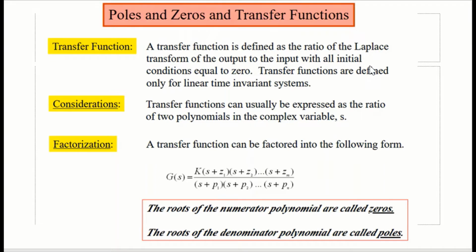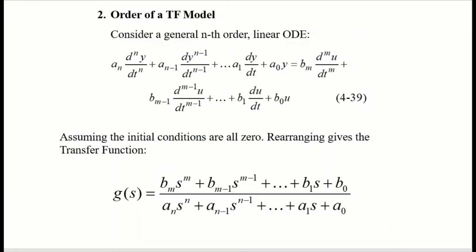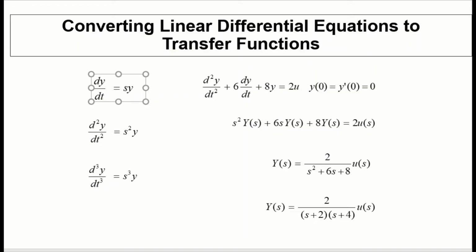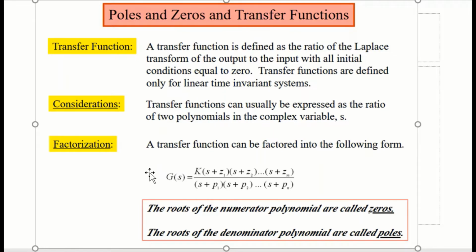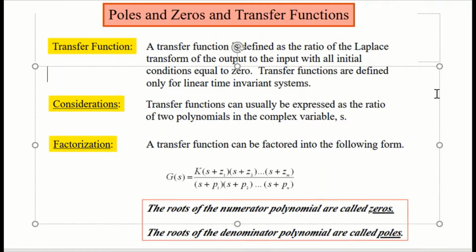Now, within the transfer function itself, we can do an extra thing, which is to factorize it. So one thing we could do is take our transfer function and factorize it, and this gives us a new way of looking at a transfer function.